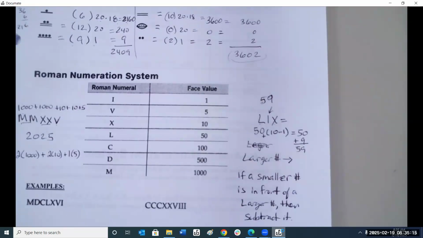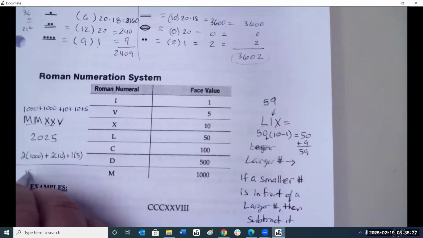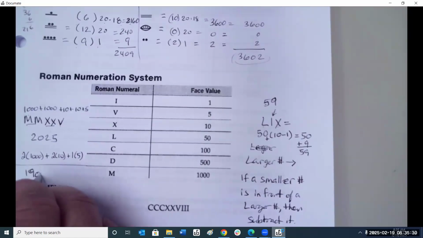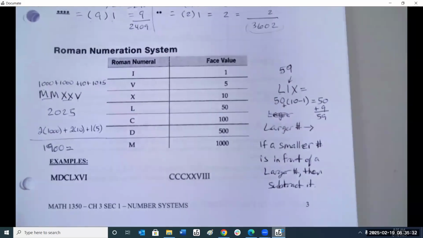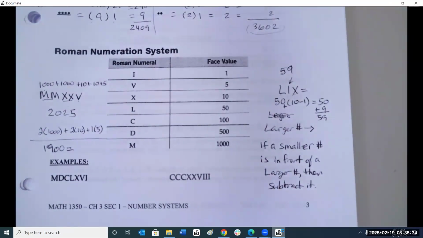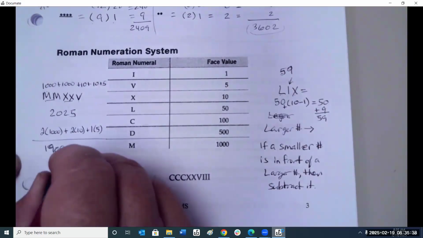What did it used to be before it became 2000? How would you write 1900? M, D, and 4 C's? Nope. Would it be MCM?